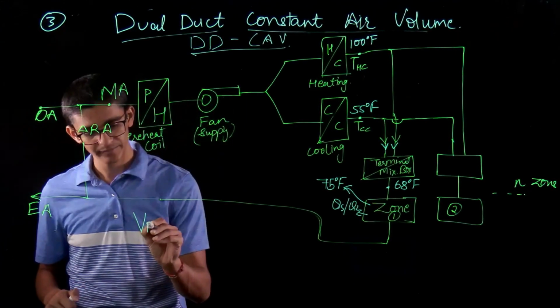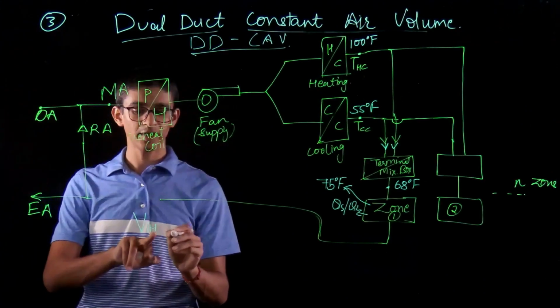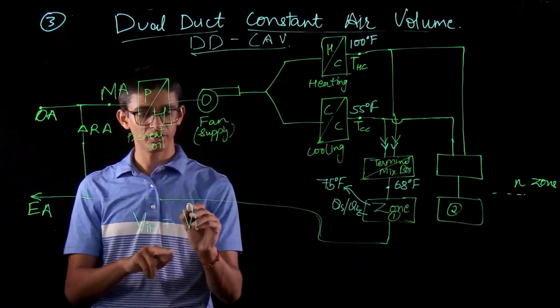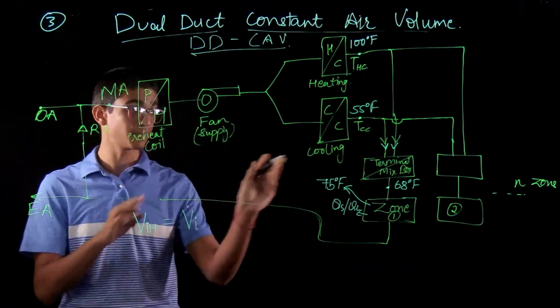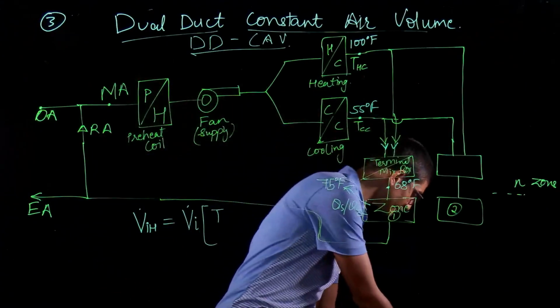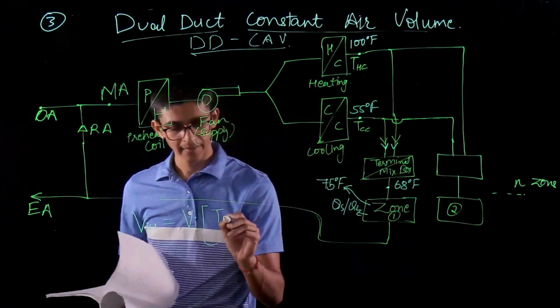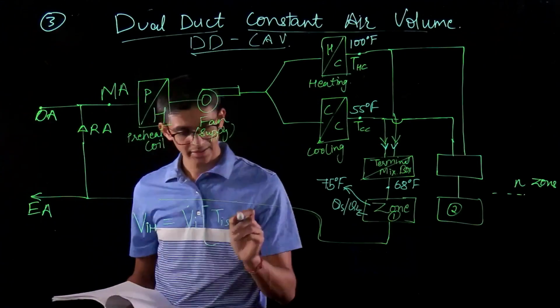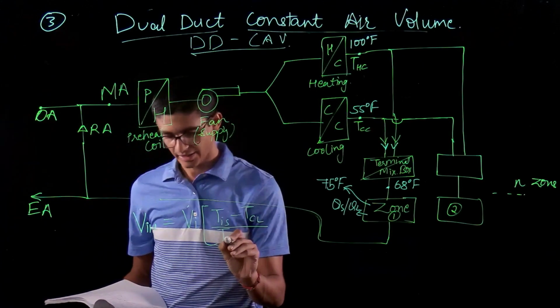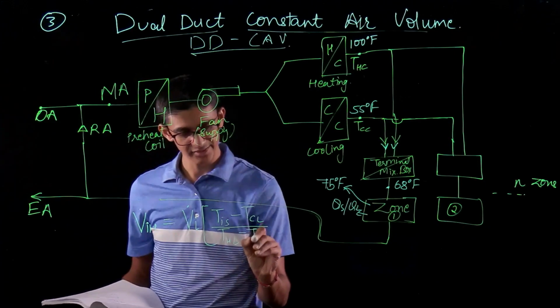The amount of hot air and cool air are calculated using this formula. This is the ith zone, and the hot air is given by the total volume of air to be supplied to that zone, Vi, times Tis minus TCL, upon THL minus TCL.